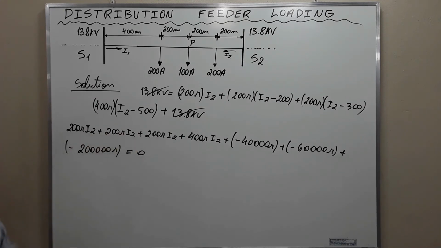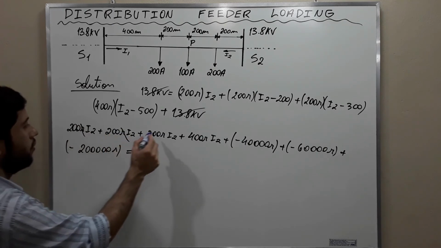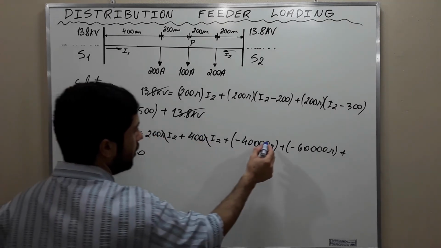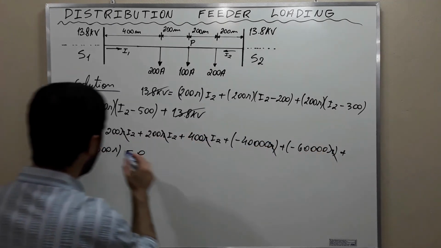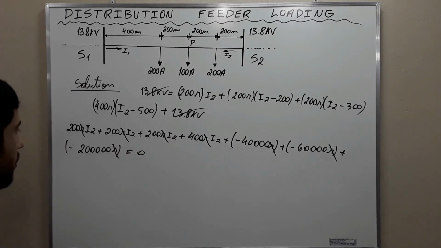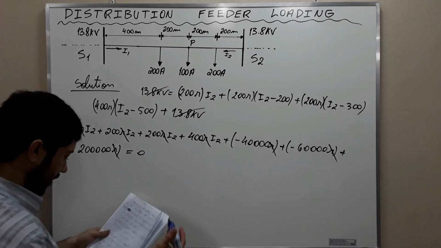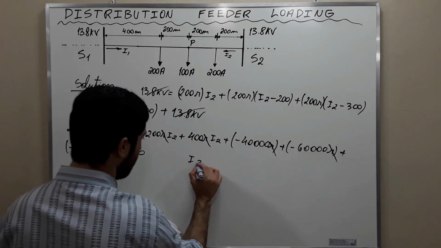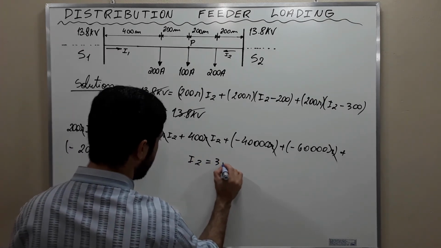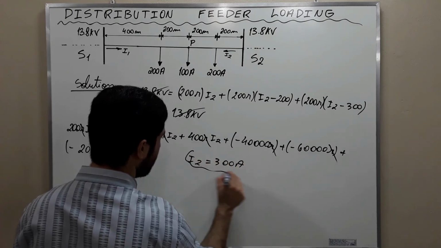Now we develop this, and we cancel the R's because there is an R in every term. Then we find, developing this, that I2 is equal to 300 amperes.